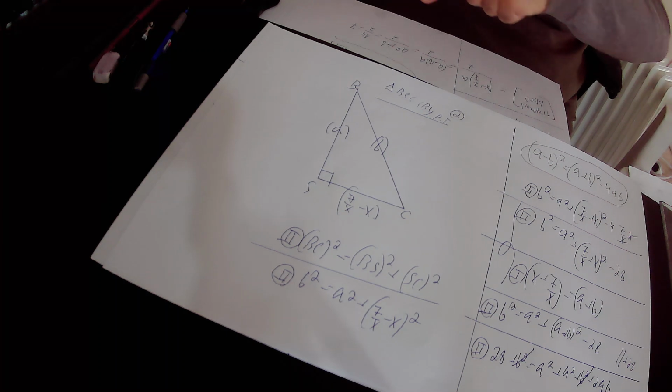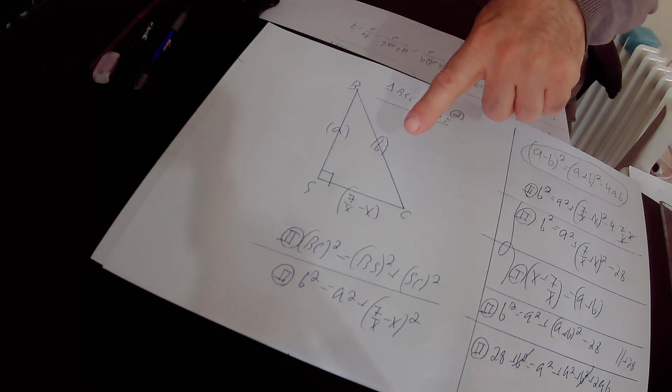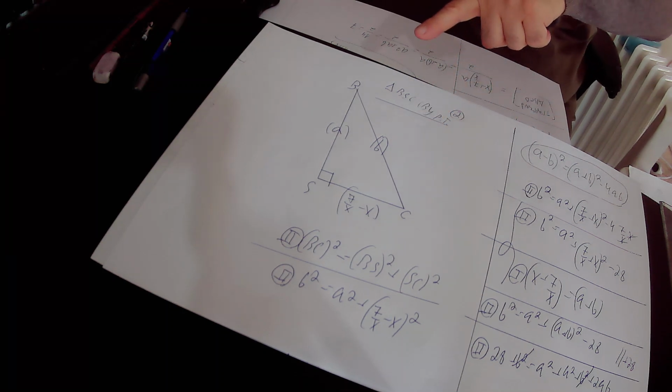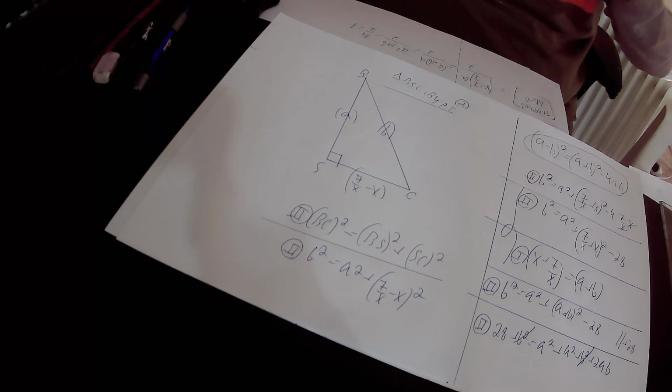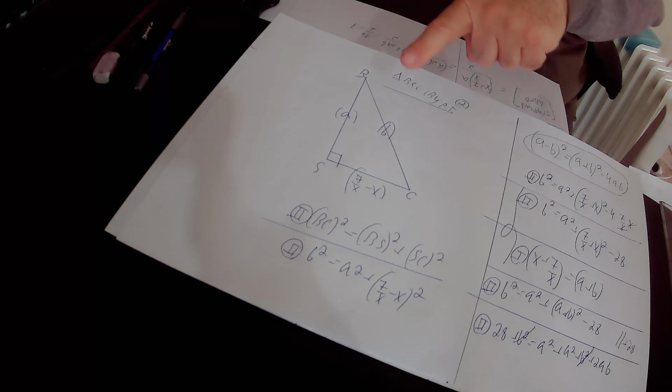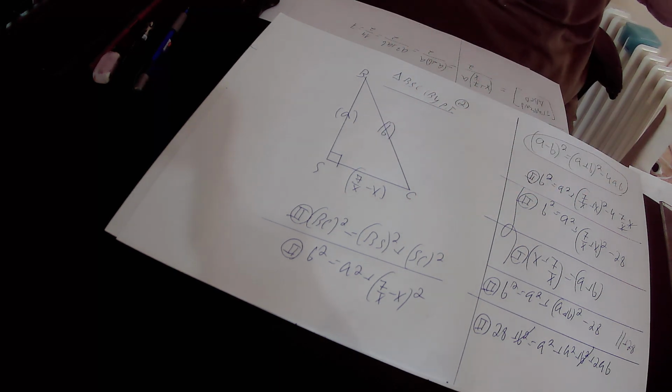In this right triangle BSC, side BS equals A, side SC equals 7 over X minus X, and finally the hypotenuse BC equals B. According to the Pythagoras theorem, in any right triangle, the square of the hypotenuse equals the sum of the squares of the other two sides. So in the right triangle BSC, BC square equals BS square plus SC square.